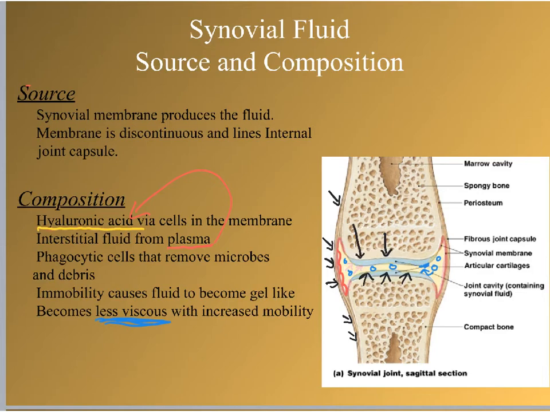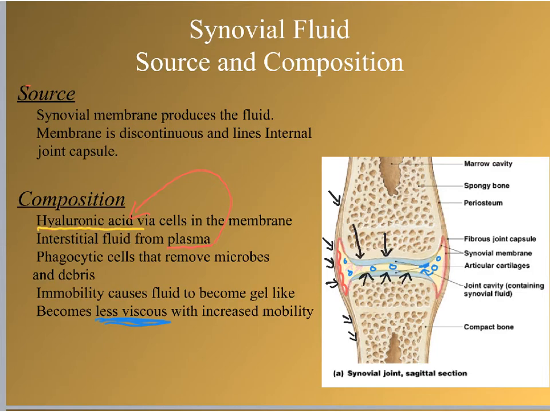So the old saying, if you don't use it, you lose it, is absolutely true. If you think about it with bones, remember we were learning about how immobility in combination with estrogen dropping causes bone to start losing density, right? And the way that you can prevent the loss of bone density is through exercise, using that bone, right?